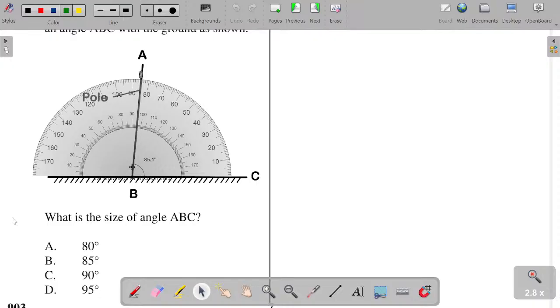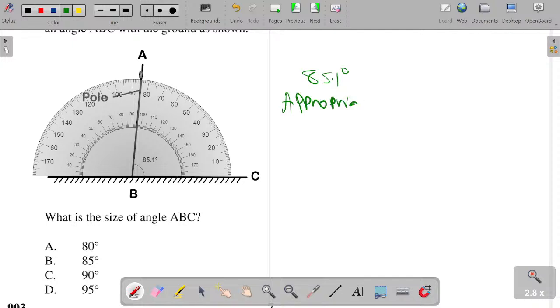So if I look at my choices, the closest value to what I have is 85. Remember, learners, I'm having 85.1 degrees. When I look at the choices, sometimes you might not be exact, but you pick the most appropriate.